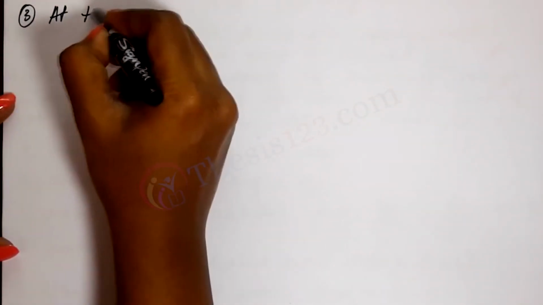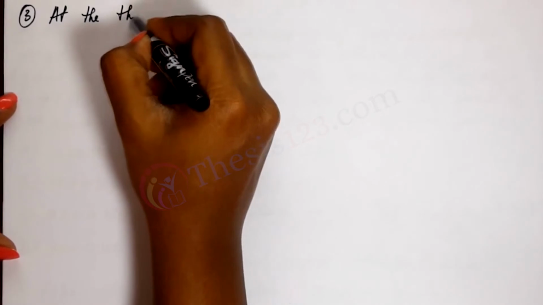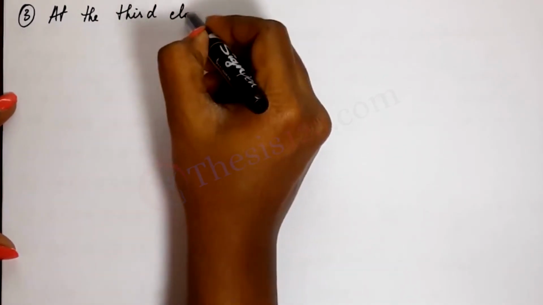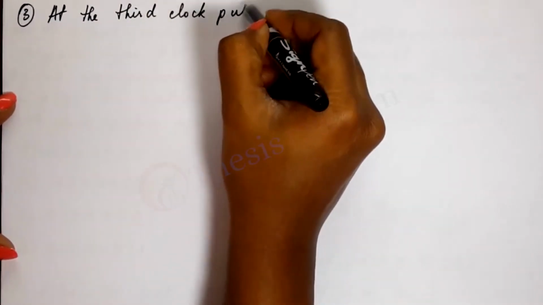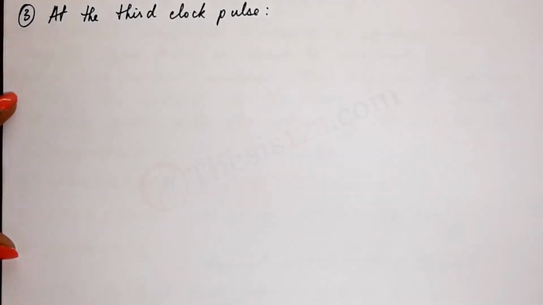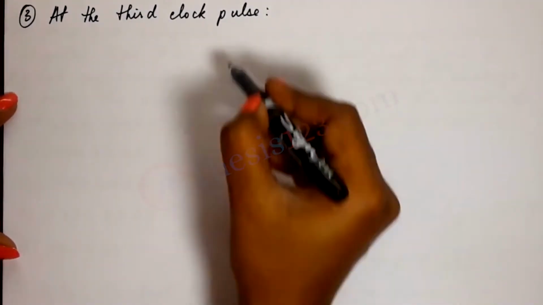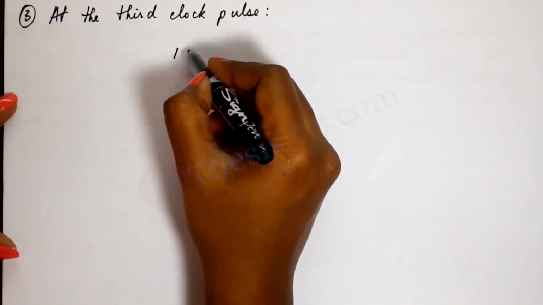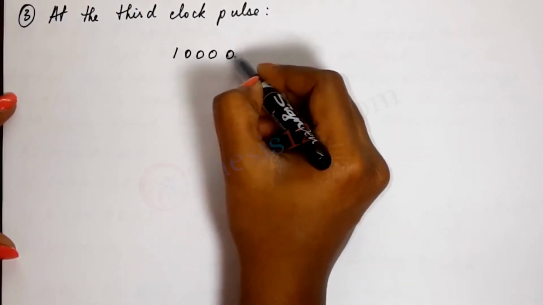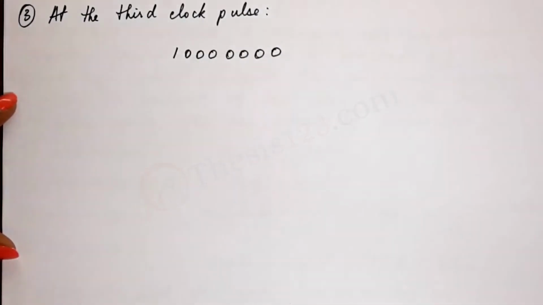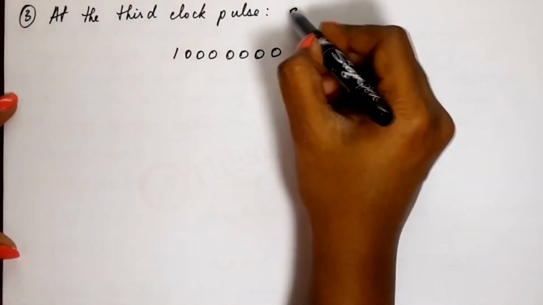So let's see what happens at the third clock pulse. Okay, so now the output from the previous clock pulse is 1 0 0 0 0 0 0 0. So at the third clock pulse, this time the SAR will toggle the 6th bit.